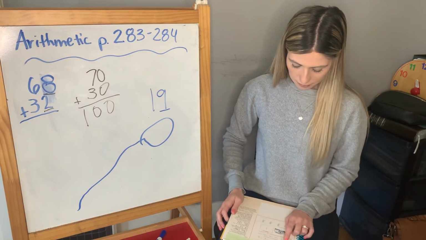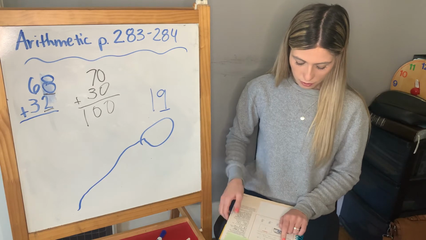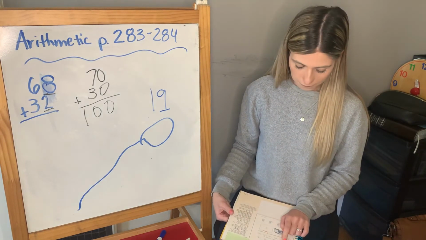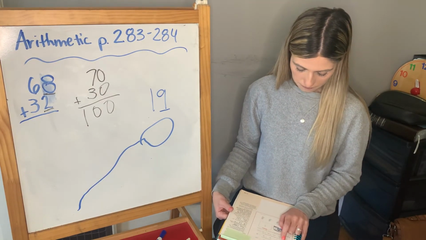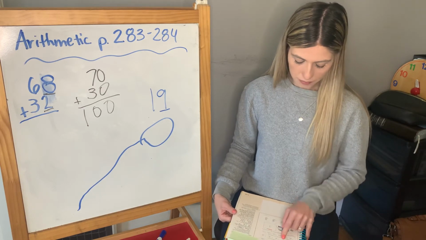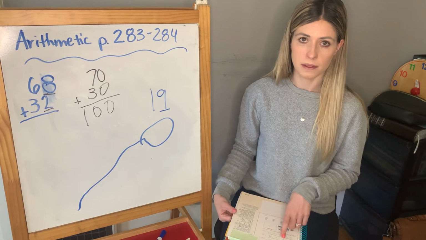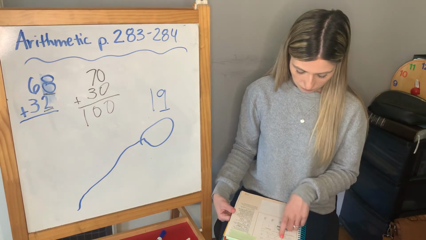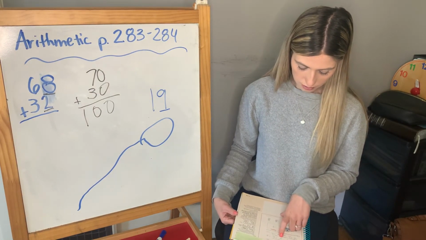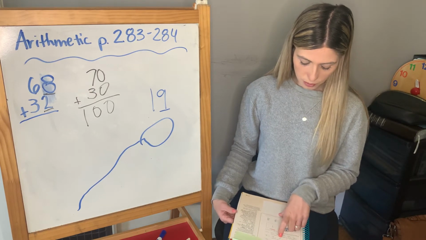A, 58. What does that round to? B, 17. What would that round to? C, 22.